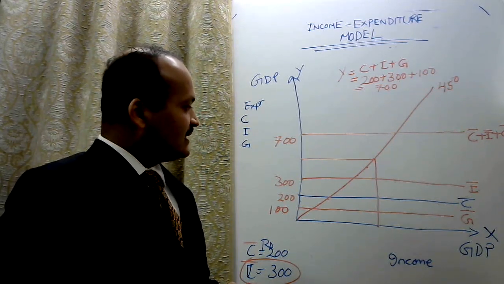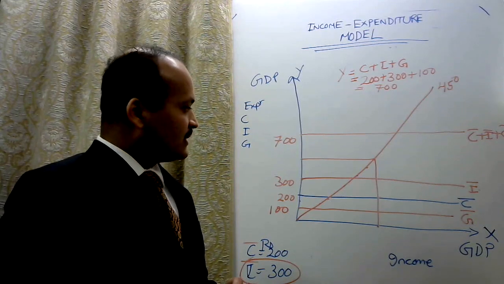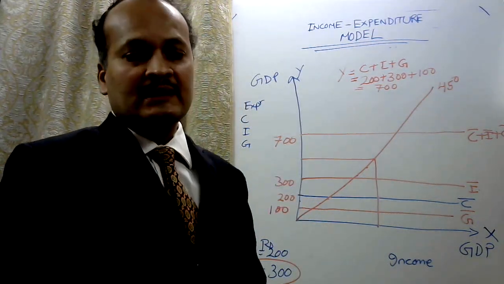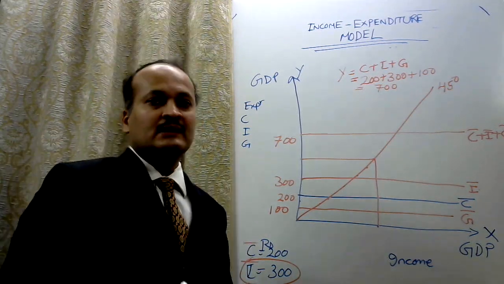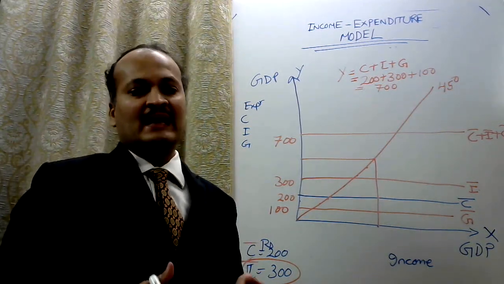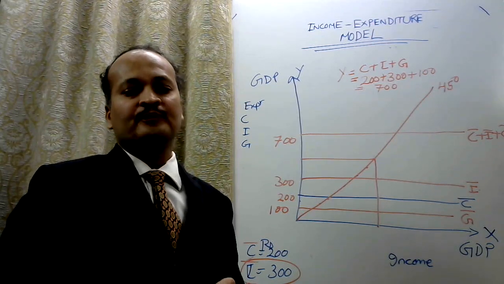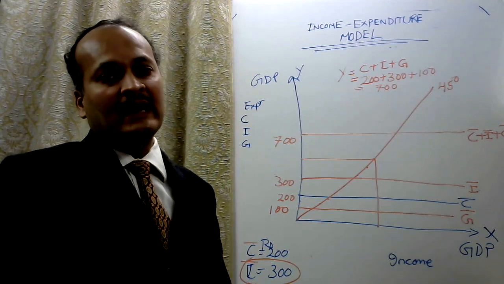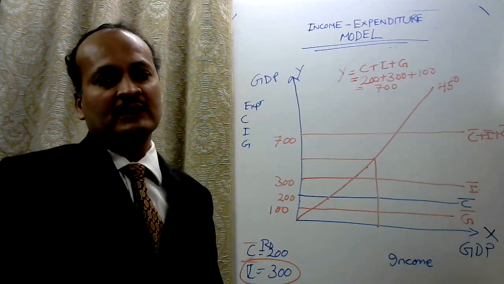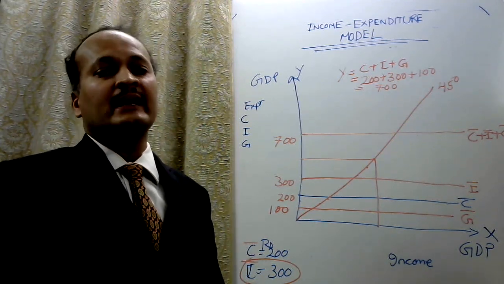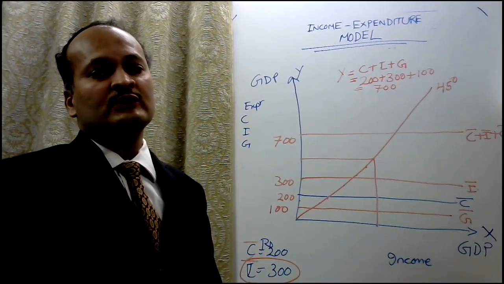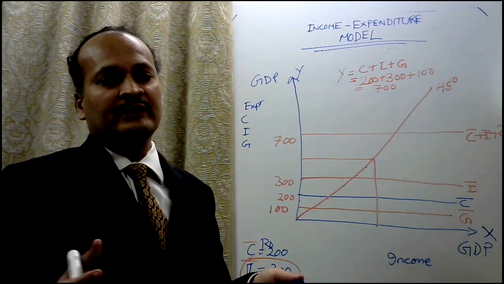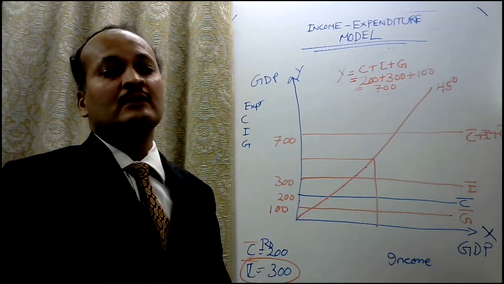The Scandinavian school of economists distinguish between two concepts, the ex ante and the ex post. Ex ante is what is planned, and ex post is what is realized. You may plan to save 500 rupees this month, but ultimately you may end up saving 300 rupees because you felt like buying an audio CD or a video CD for 200 rupees, which was not earlier planned.